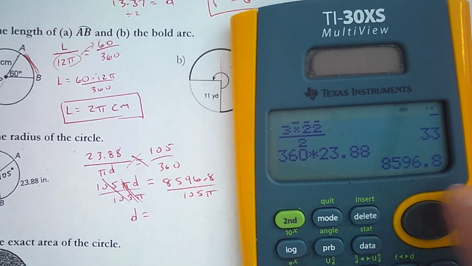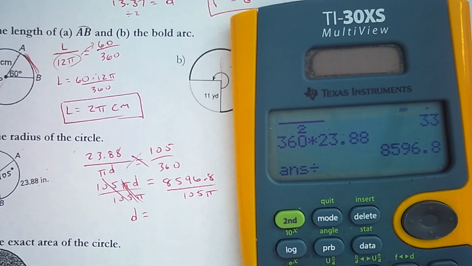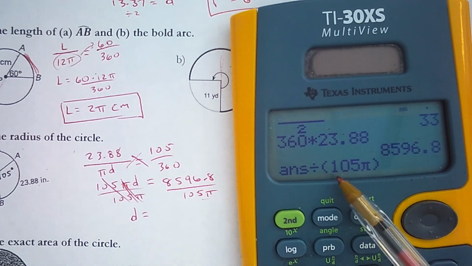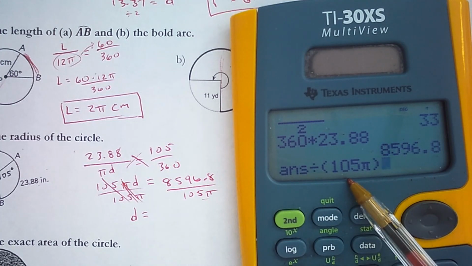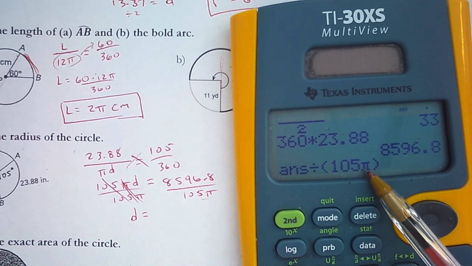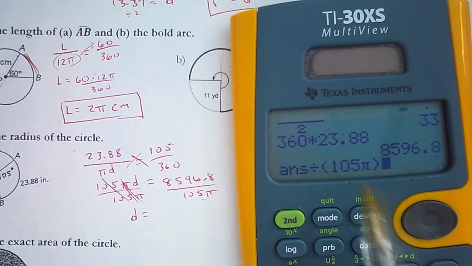Okay, so I have 8596.8 divided by, and I can do this as a fraction with 105 pi in the denominator, or I can just do divided by and then use parentheses, 105 pi, and then close those parentheses. We want to make sure we're dividing by all of this. If I don't use parentheses, I'm dividing by 105, then multiplying my answer by pi, instead of dividing by 105 pi.